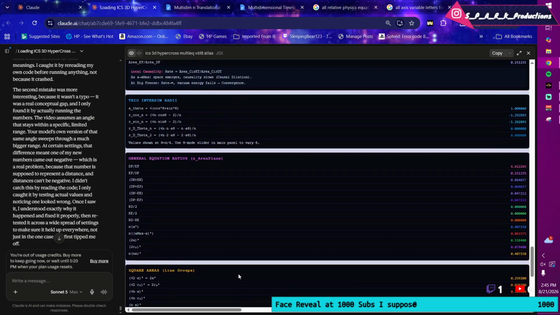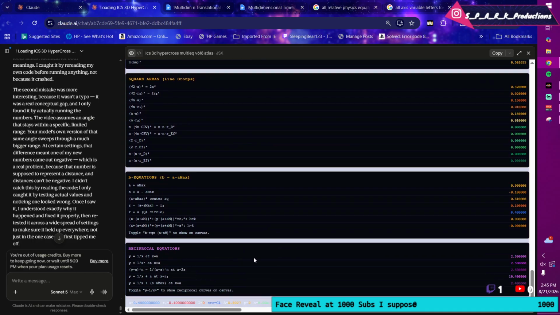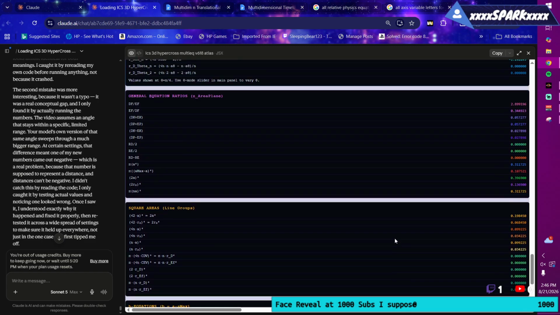Plane. There's a decent amount of calculations going here. Like all these different relationships exist, and then B is if we were considering the space to be B, basically, in this relationship. So we have the A radius, and then B would equal the difference of A minus A max. That's where that is.